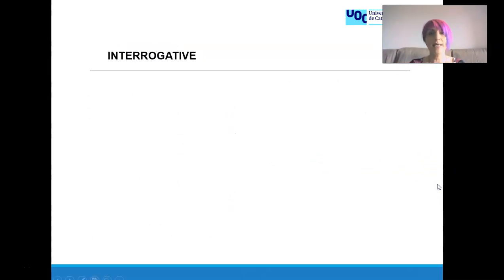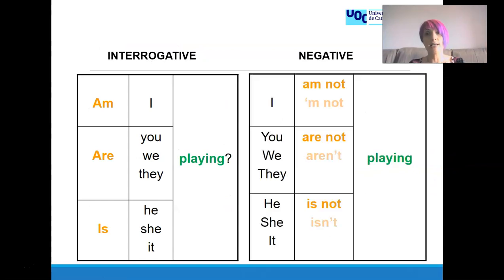How do we make it interrogative or negative? If you want to make a question, you start with the verb be, then the subject, and again the verb in ing, right? Am I playing? Are they playing? Is it playing? And the negative, we start with the subject, then the verb be in negative, and then again the main verb in ing.